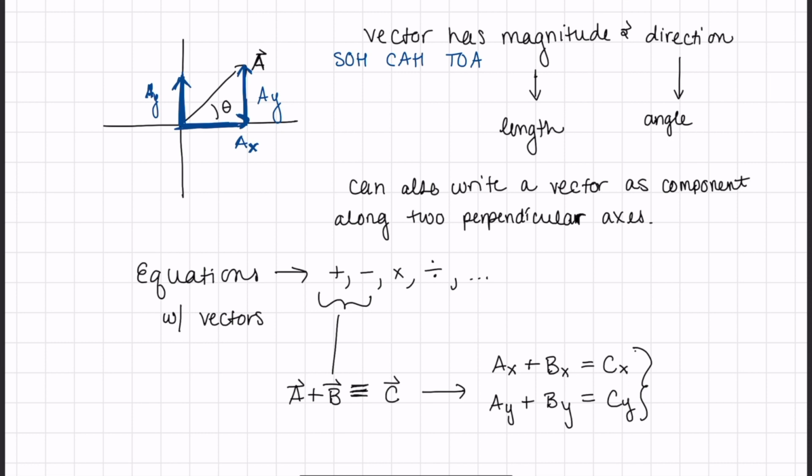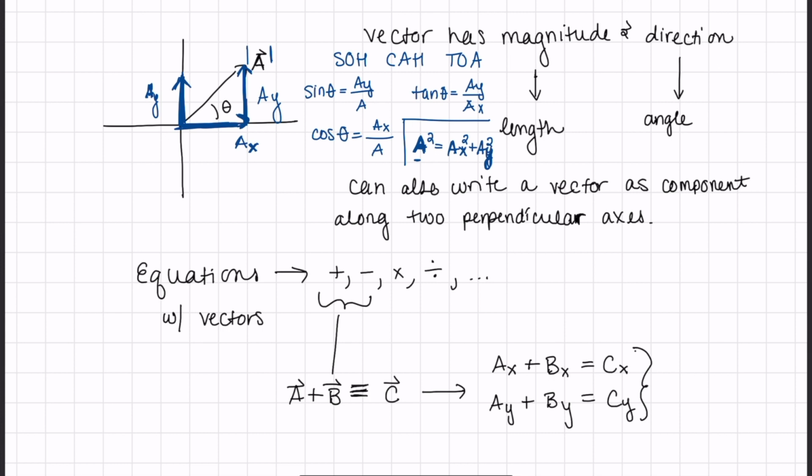And then with our angle defined there, we can say sine theta is AY over A. We can say cosine theta is AX over A. Tan theta is AY over AX. And can I squeeze this in here? The magnitude of A squared is equal to AX squared plus AY squared.